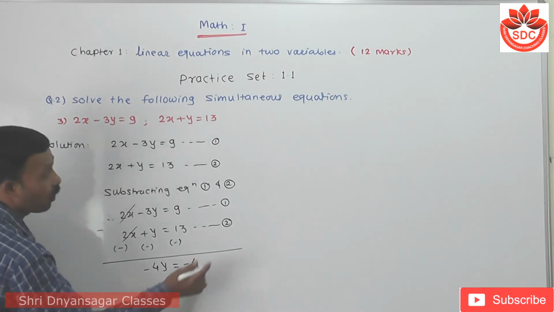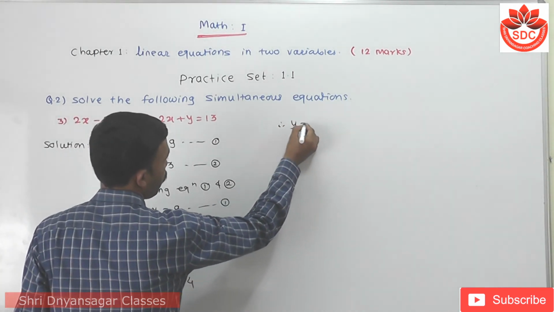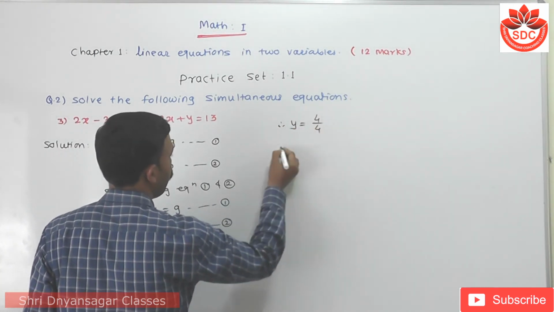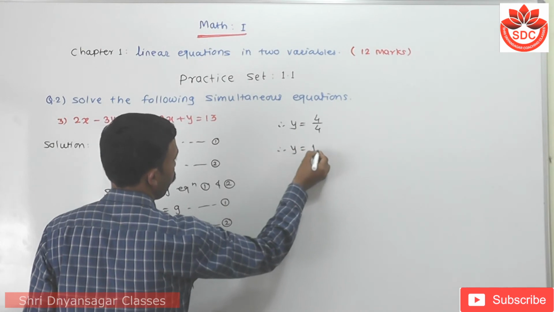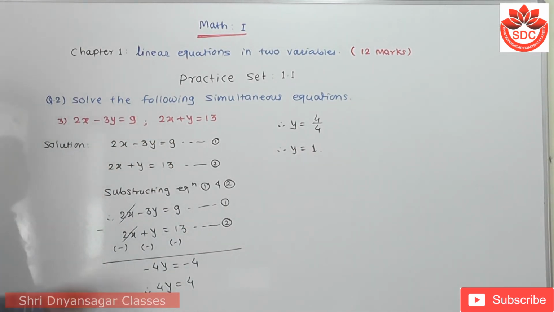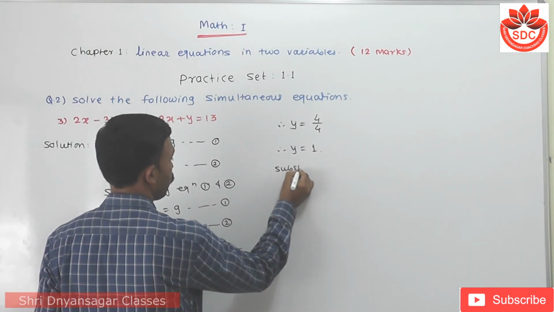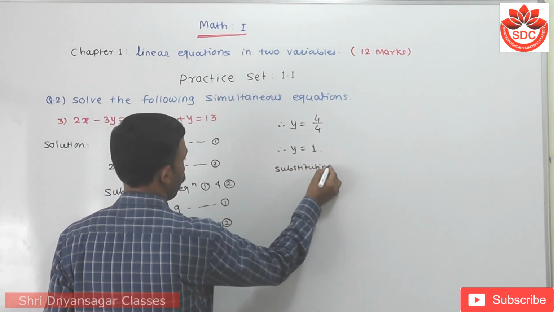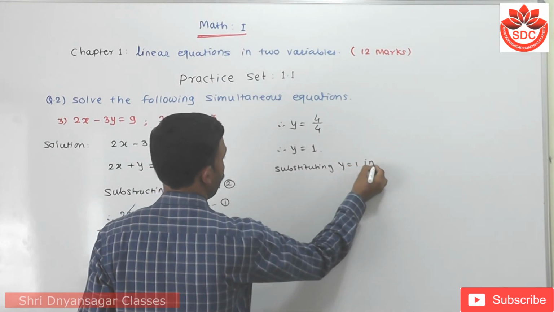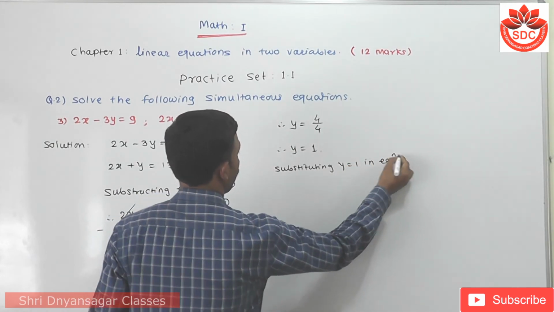Then this 4 goes to the denominator, therefore y is equal to 4 upon 4. Now the simplification is 1. You have to substitute this value in any one equation, so substitute y is equal to 1 in equation first.